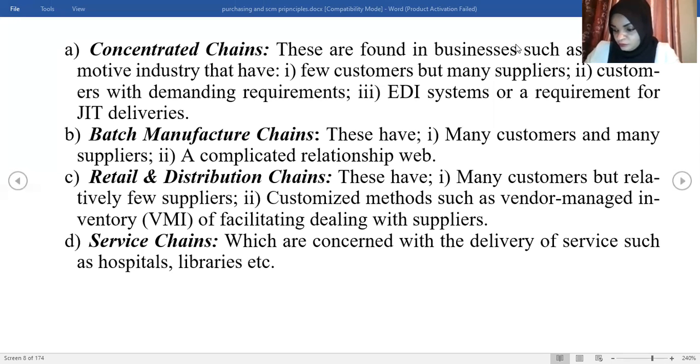For example, when you are using the Upper Hill Library, that is a kind of service chain, and their main focus is to give services to various people, to various institutions, to various individuals that want their services and things like that. And we also have many other services like schools, for example, can be a type of service chain.